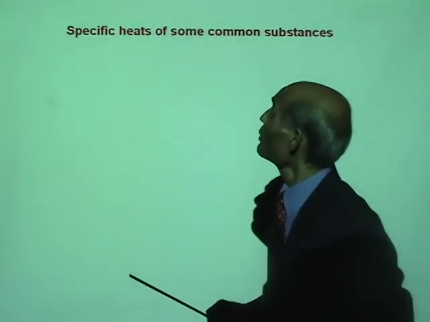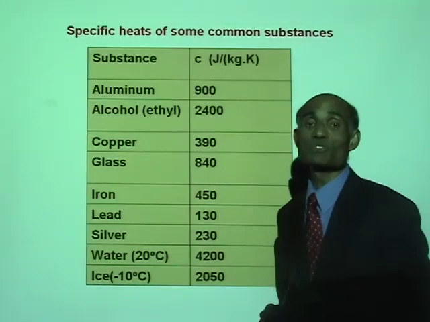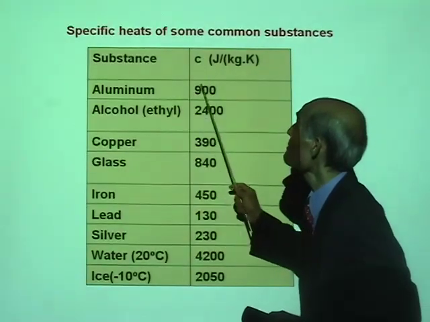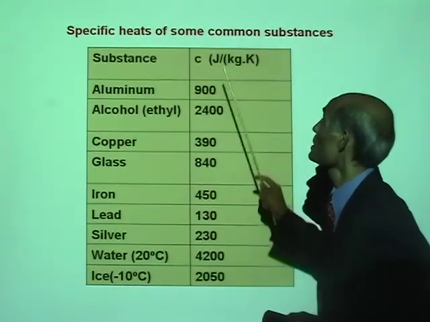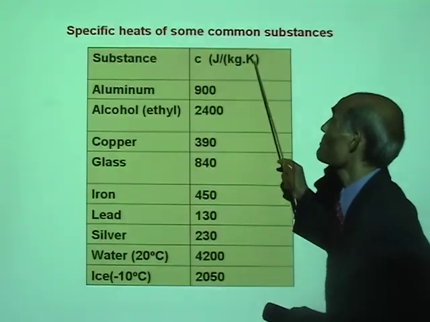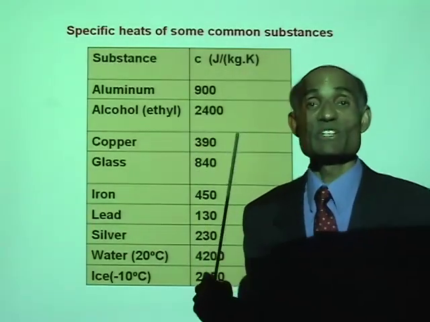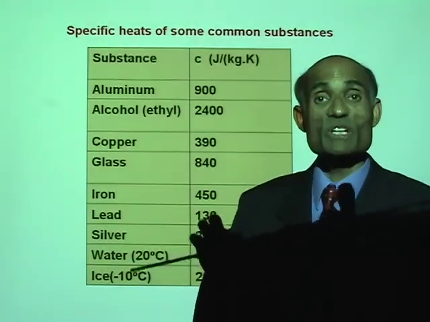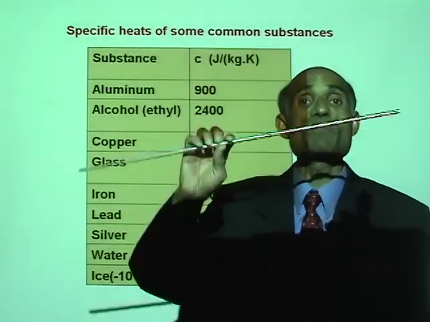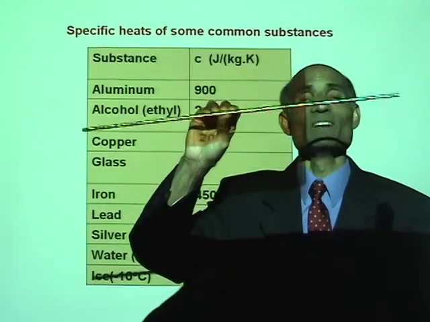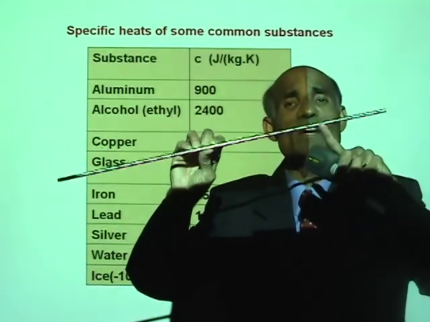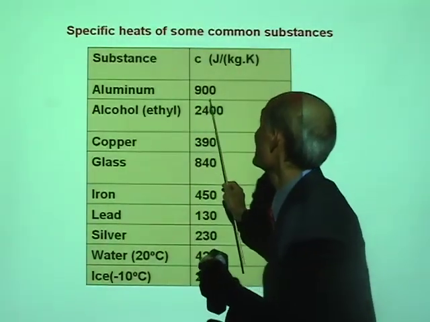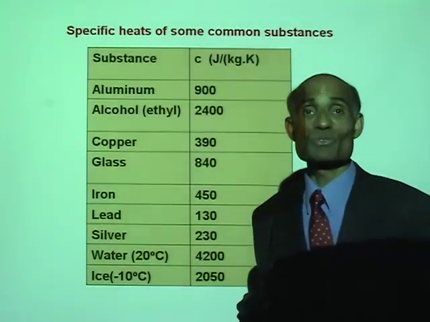Now, I'm going to give you specific heat values of some common substances. The specific heat for aluminum is 900 joules per kilogram per Kelvin. In other words, 900 joules of heat energy are required to increase the temperature of 1 kilogram of aluminum. I'm holding an aluminum block here. To increase the temperature of 1 kilogram of aluminum by 1 Kelvin, you need 900 joules of heat.